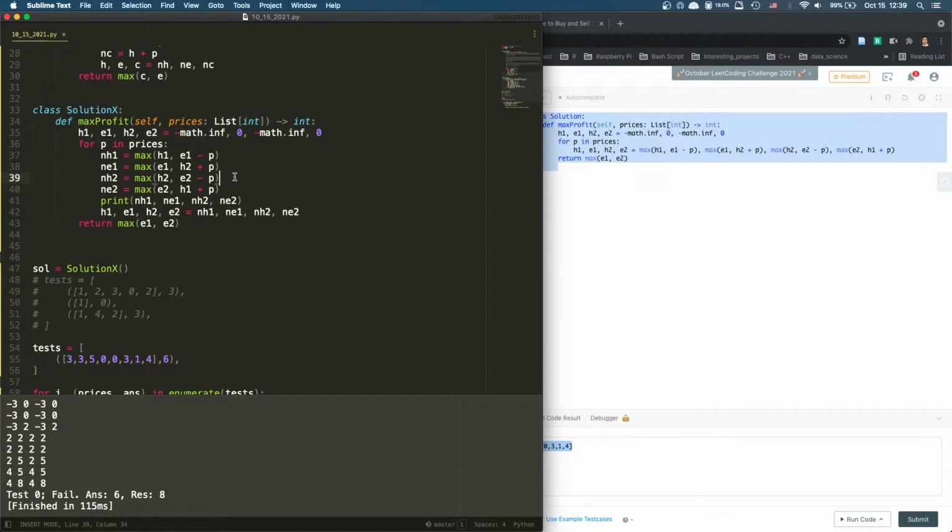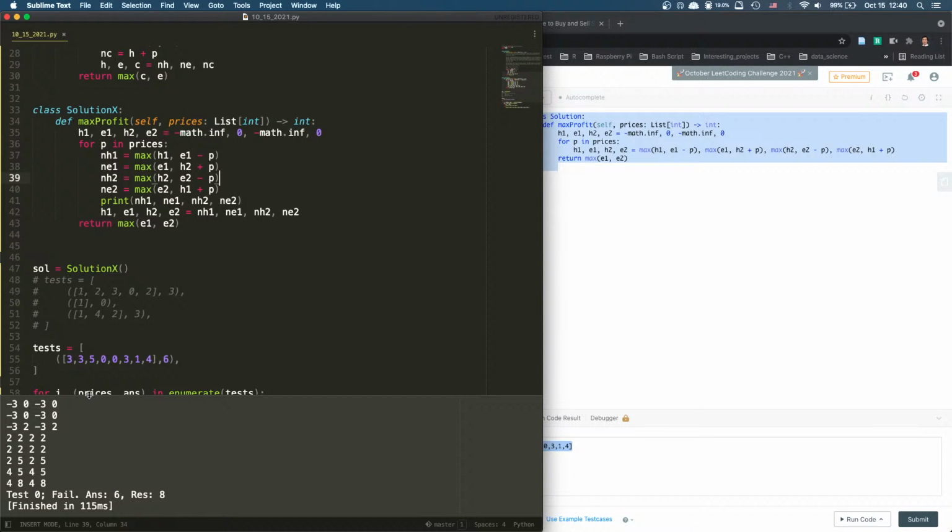It should be buy 0, sell 3. And then buy 1, sell 4. How do we express this? Then buy 0, sell. So we have 5, right?